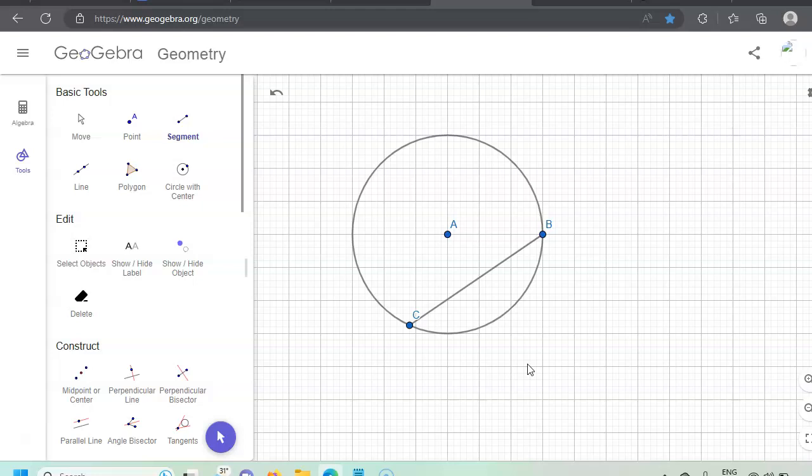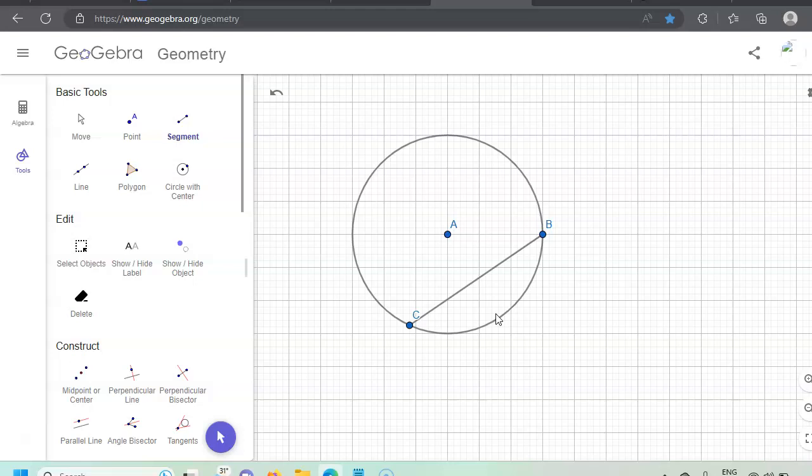And then there's a property of the chord that it divides the circle into 2 parts or 2 segments. So we have the left segment and then we have the right segment. So the segment at the left of the chord and the segment at the right of the chord.